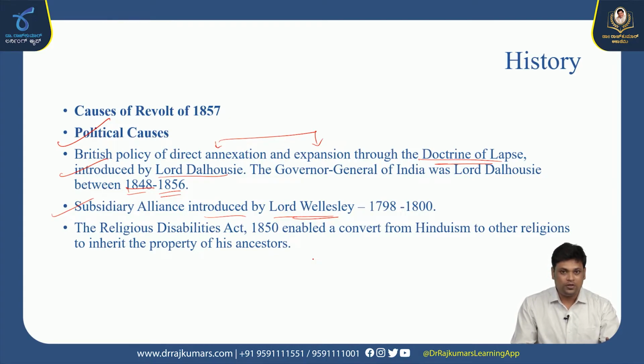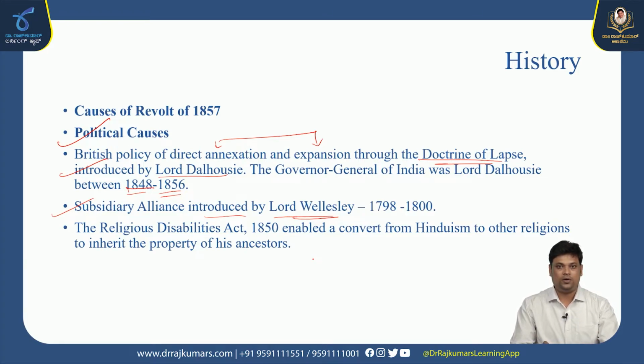And one British official would be stationed in the court of the princely state, and any kind of political activity was forbidden, because it was not possible for that state to do any action without the knowledge of the British. These are the intentions of the subsidiary alliance as well as the doctrine of lapse.